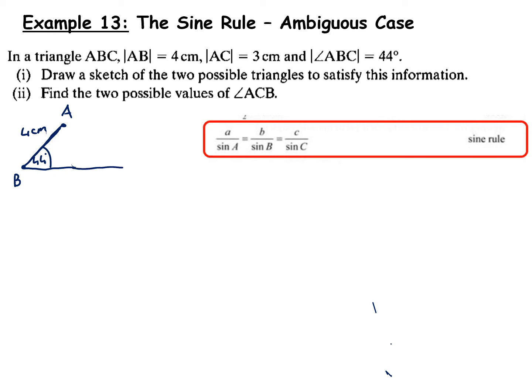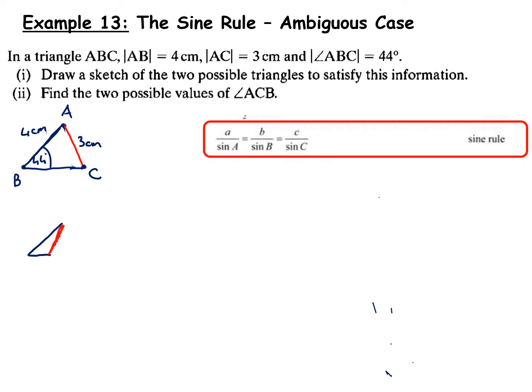So the two possible triangles I have, I'll just put this one in red. So we have this one here, 3 centimeters. And the second one, we're going to clean this up a little bit. So there's C. And the second one, we end up with C in here.